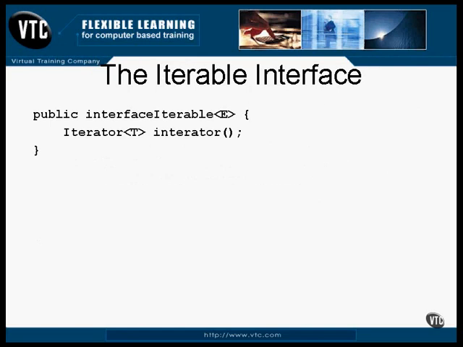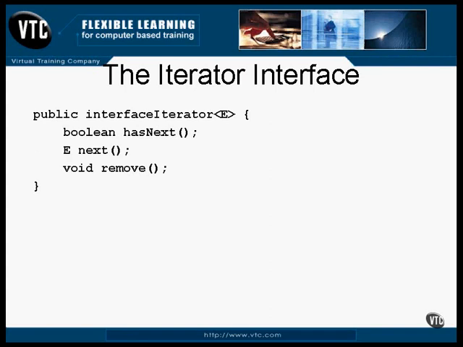As you saw earlier, the Collection interface itself is a sub-interface of the Iterable interface. All the Iterable interface does is guarantee the presence of one method, the method that will return an iterator object. The interface defining an iterator object looks like this.